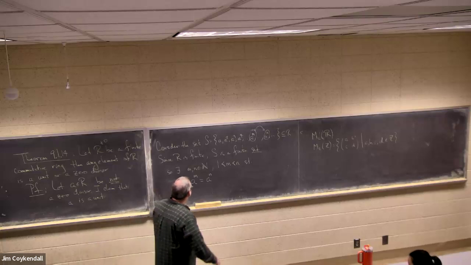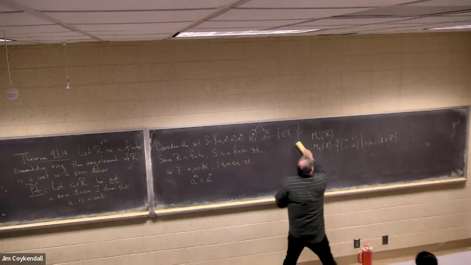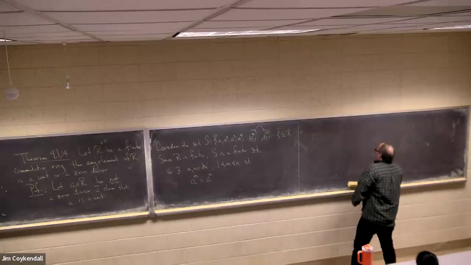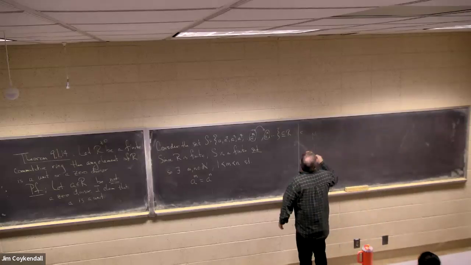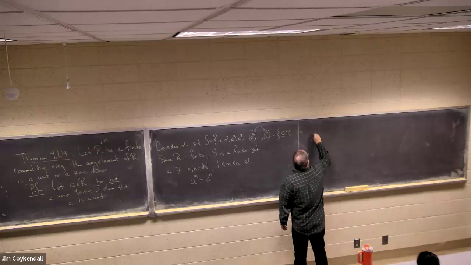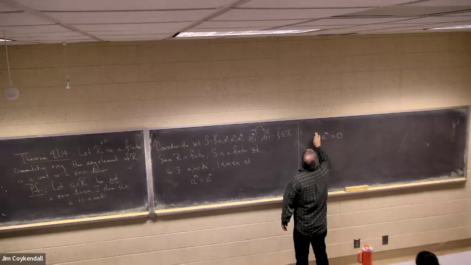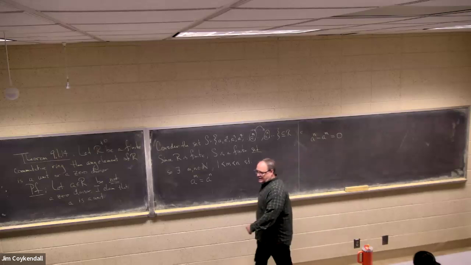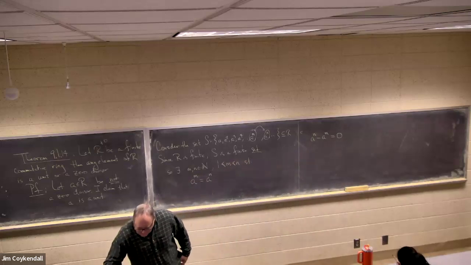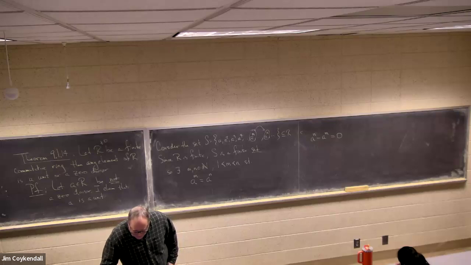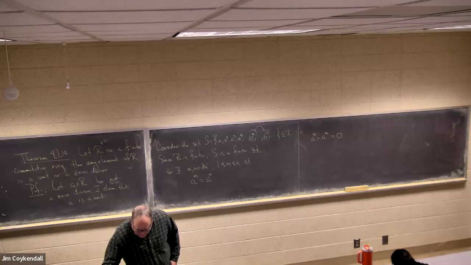So this means that a to the n minus a to the m equals 0. And I am going to pull out an a to the n minus 1.